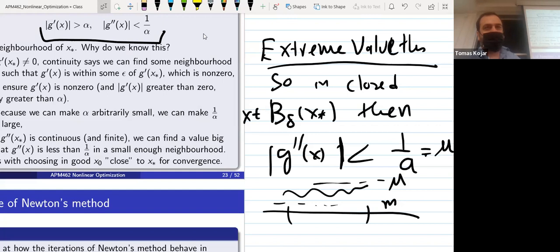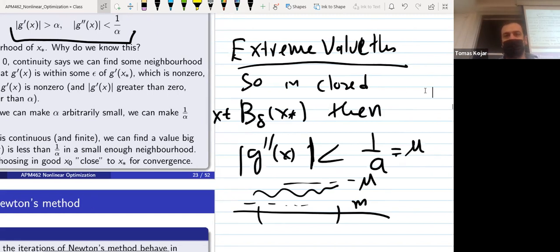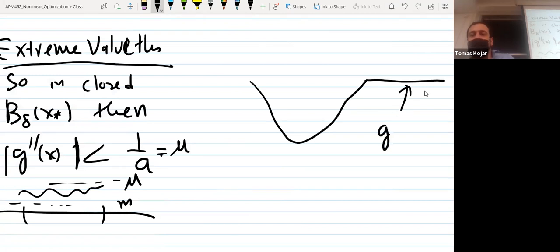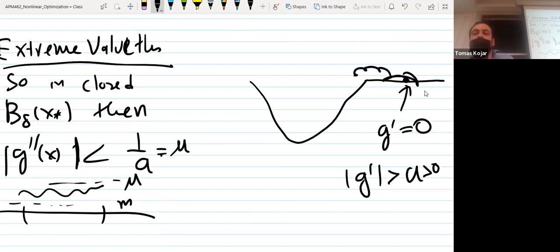I should add some intuition here. Let me go back to what you said. Suppose you have your minimizer and you have a flat region over here. Then here G prime is 0. It's not bigger than some alpha. That means you're stuck. You cannot jump to the minimizer.